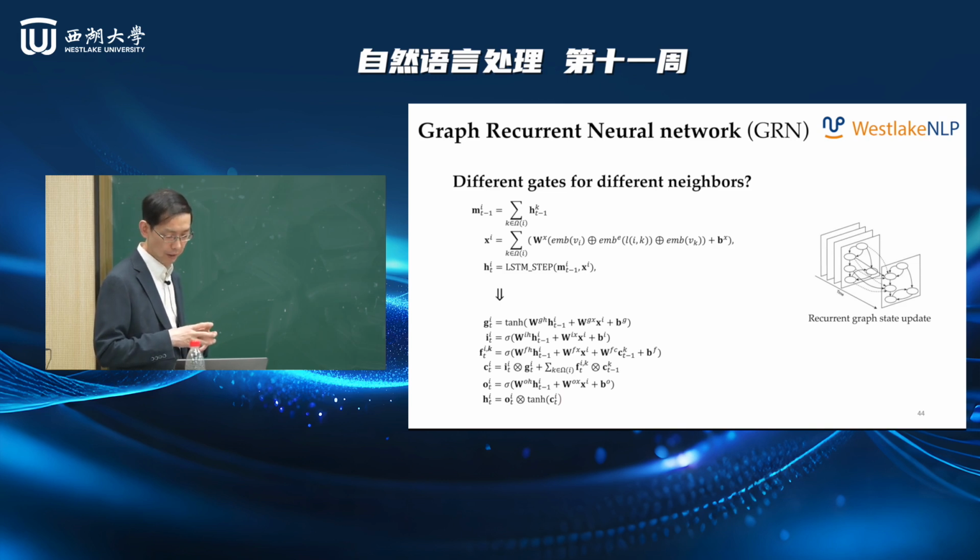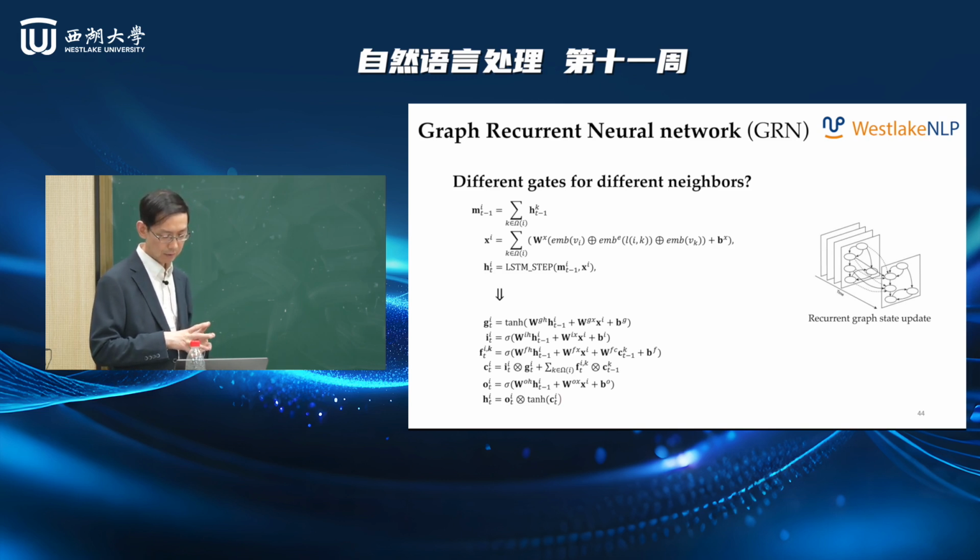But if I do it in a more fine-grained way, I can go into the LSTM step function, I can define a different cell, okay, for different neighbors. I can do that, right? Just by following child-sum LSTM, right?